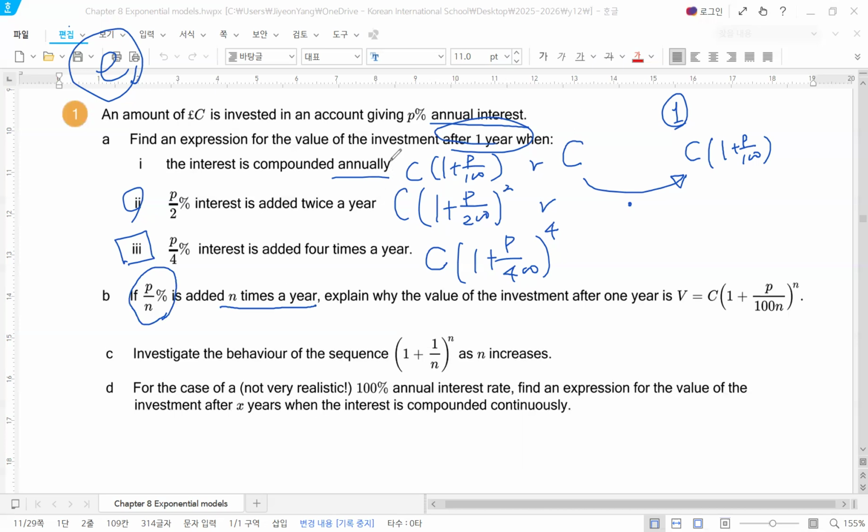Then by observing this expression, it's going to be C times 1 plus P over, so 100, and 200 means 2 times 100, right? 400 is 4 times 100. Since it's P over N, it's going to be N times 100, to the power of N. Therefore, it's C times 1 plus P over 100N to the power of N is the answer B.